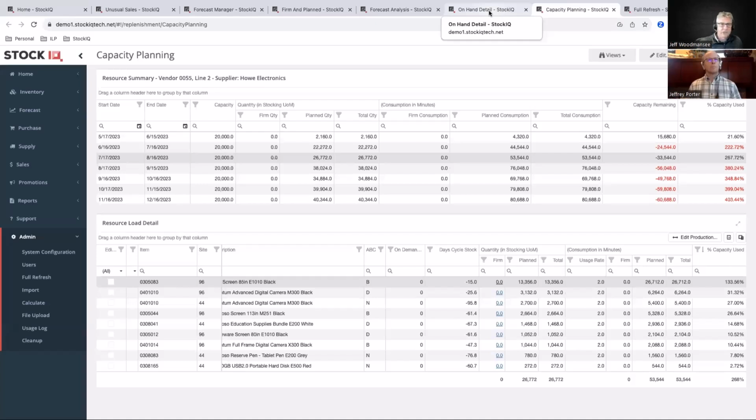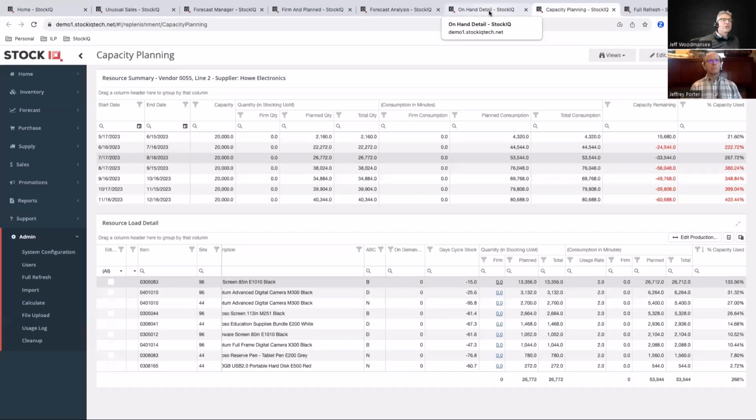Oftentimes they have to level load it and produce more than they need early on in the year to be able to sustain that inventory level. The other thing this could be used for is if you don't make anything yourself, you have vendors make it for you, and they can make so many widgets a month. You can do the same thing and put the capacity that they can make in here and model what their capacity looks like, and look for the hot spots or those red areas that Jeffrey has there that would cause problems.